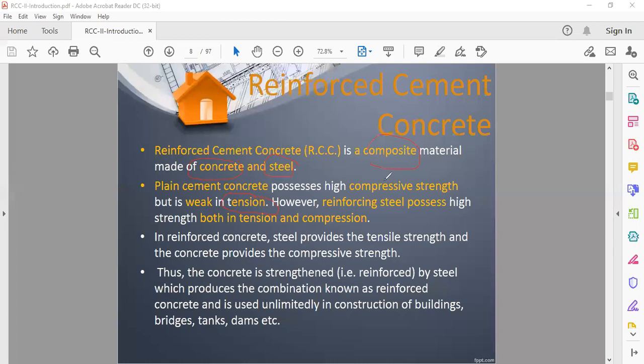Though concrete has very good compression strength, since it is weaker in tension, you cannot use plain concrete where tension is present. To overcome this tension, you usually go for reinforcing.